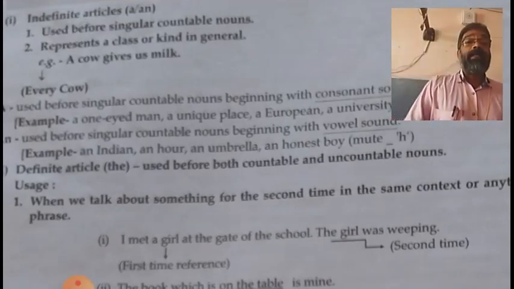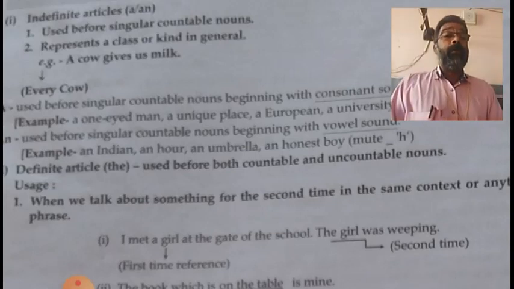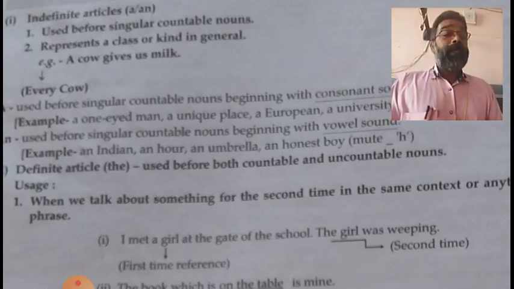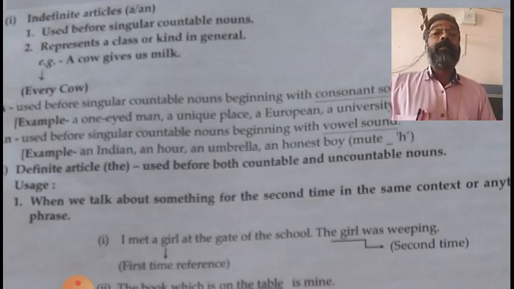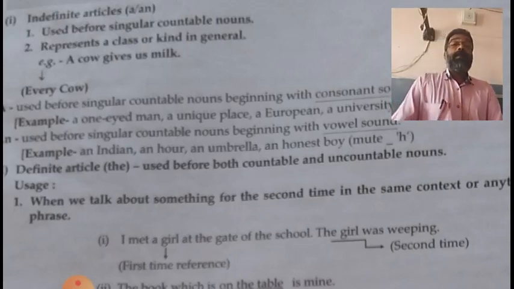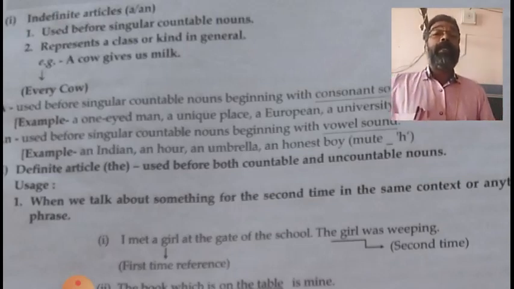These three articles are grouped into two. A and an are called indefinite articles. Then the is called the definite article. Now the uses of the indefinite article.